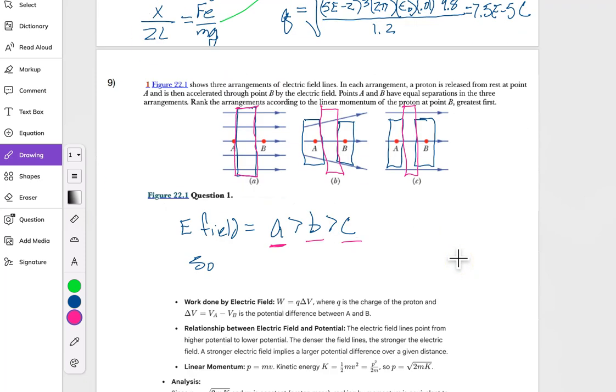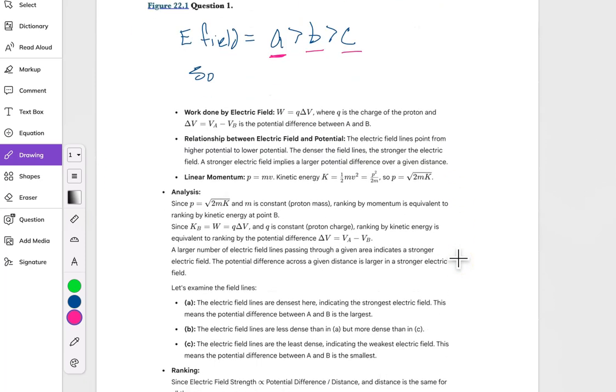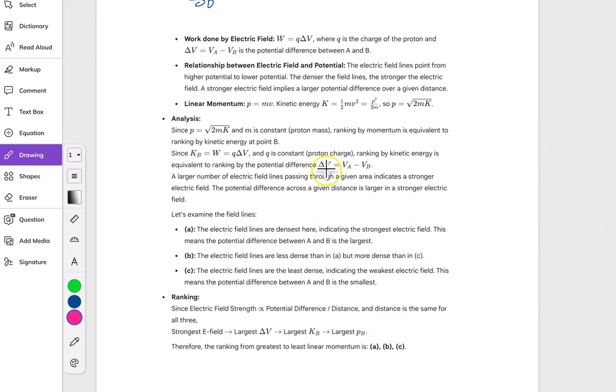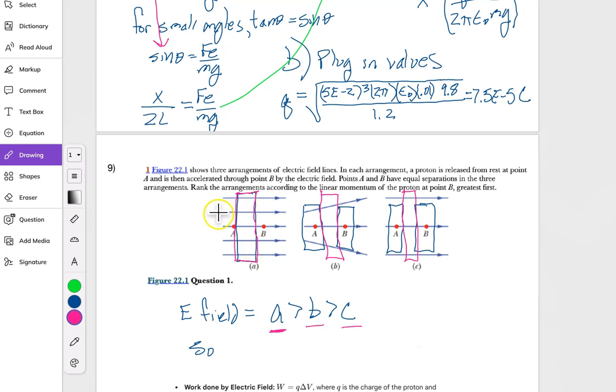Then what I did is I grabbed the answer through kind of an answer key type thing, because this explains why the momentum is the same order. And basically all it is, if I have a particle moving from A to B, that means that the bigger the electric field, the faster it will move. Why is that?